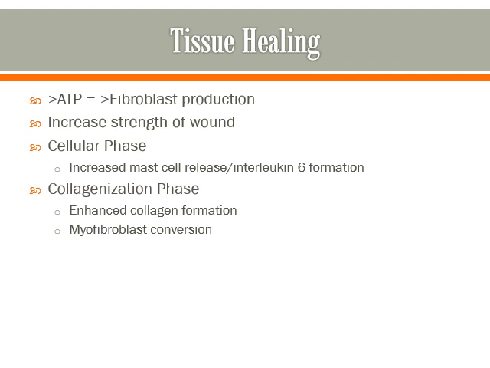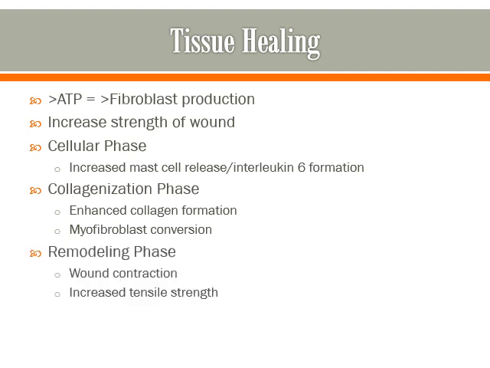A myofibroblast is a fibroblast that starts to create that contraction of the wound, which we want to have during the remodeling phase. So the more myofibroblast conversion you have during the collagenization phase, the faster you'll get to the remodeling phase. And then during the remodeling phase, further application will continue wound contraction and also increase the specific tensile strength of the tissue that's trying to heal.